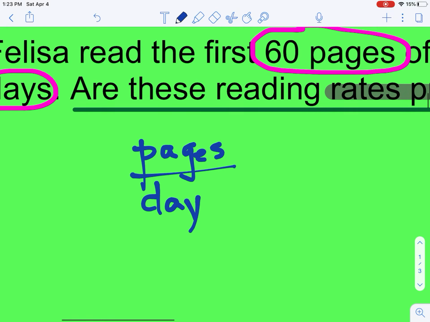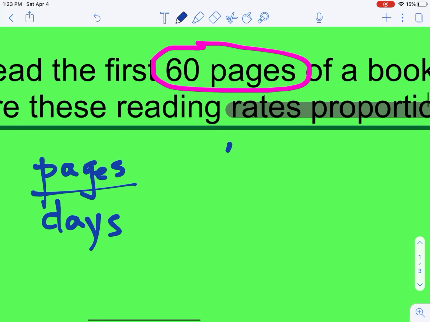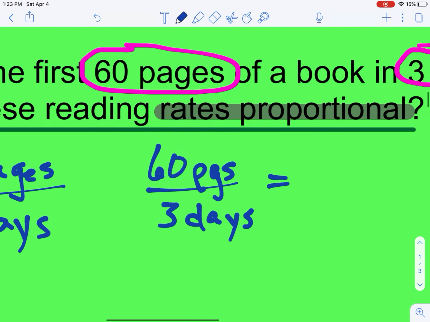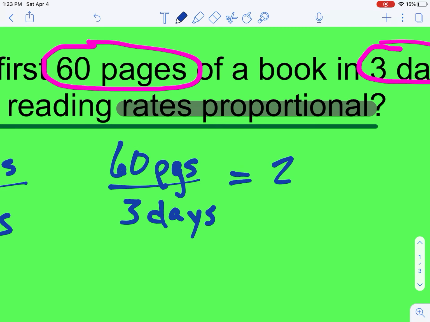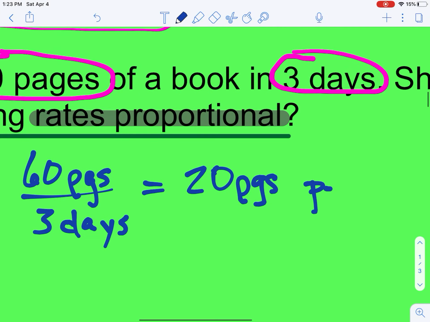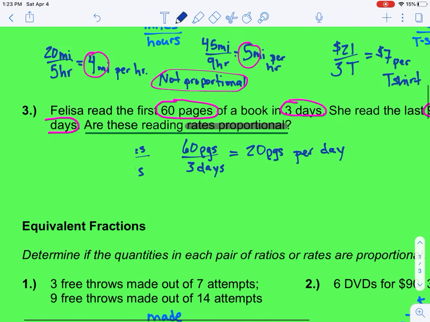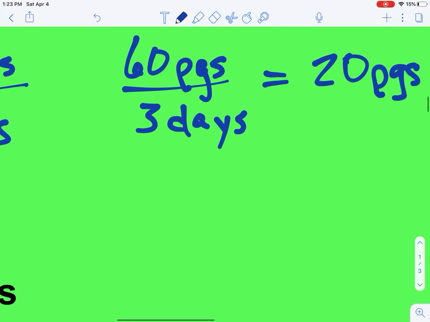So when she started her book, Felissa read 60 pages in 3 days. If I divide that, 60 divided by 3, I get 20 pages per day. Now when she finished her book, she read the last 9 pages in 3 days.